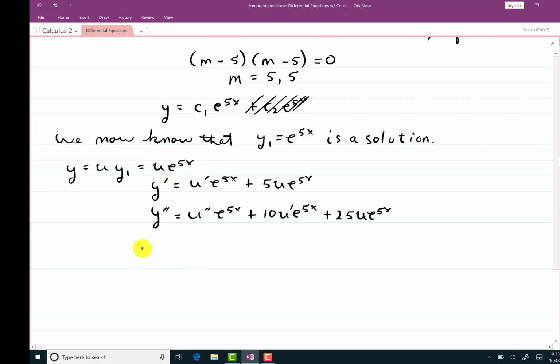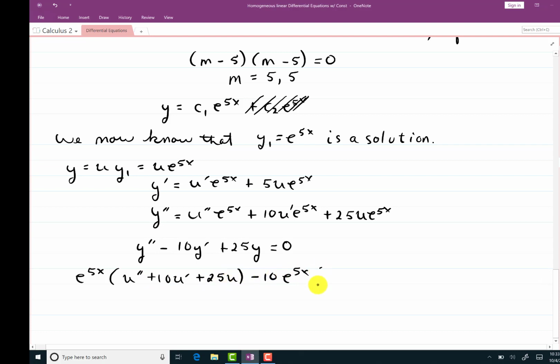Our original equation was this. In my y double prime, I'm going to have e to the 5x times u double prime plus 10u prime plus 25u minus 10. I'll pull out the e to the 5x there as well.